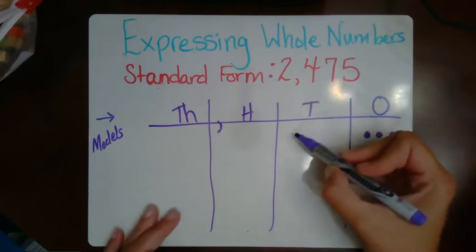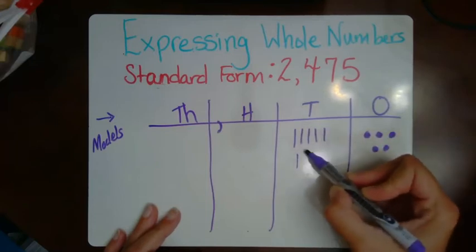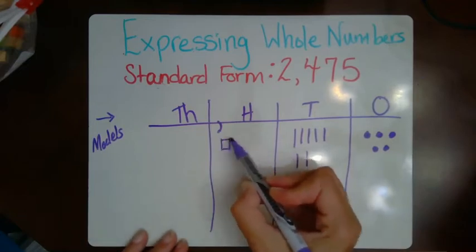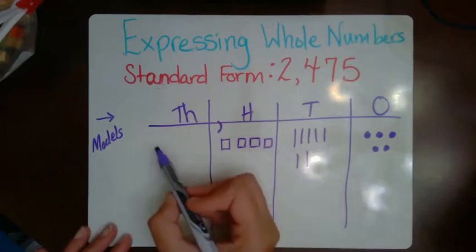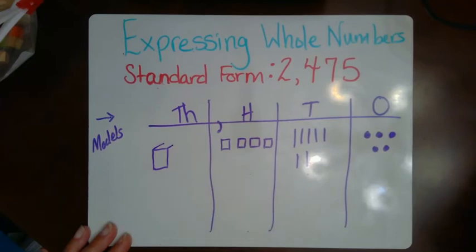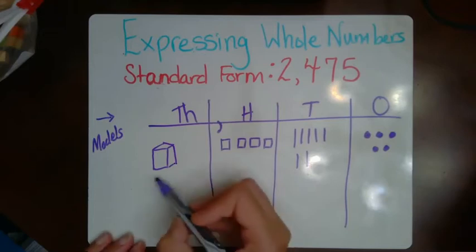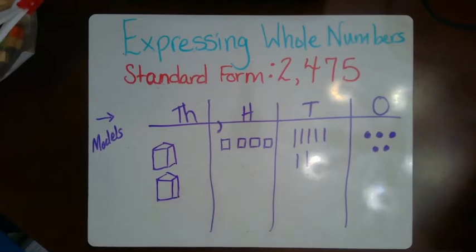For tens rods, 1, 2, 3, 4, 5, 6, 7. For our hundreds flats, 1, 2, 3, 4. And for our thousands cubes, you can get a little bit fancier. Draw your square, draw an angle, connect it, draw an angle there, and there's 1 cube. And 2 cubes. So I have 2,475.